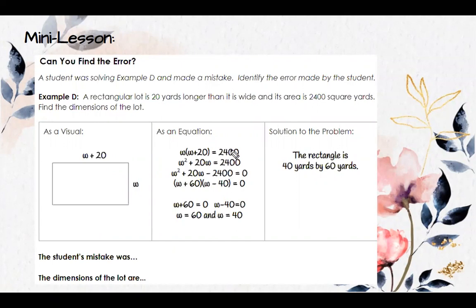Did they subtract the 2400 like they should have? Yes. Okay, what did they do that we didn't have to do because we used Desmos? They factored it, right? They didn't use Desmos. If you put this in Desmos, okay, that's where they went wrong.